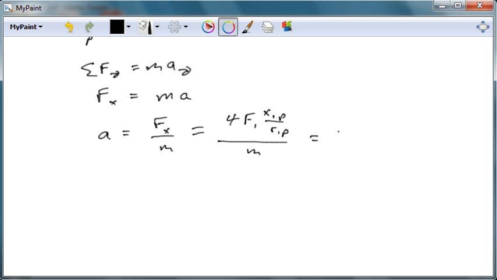So I'll call that 4F1 x1p divided by m times r1p.